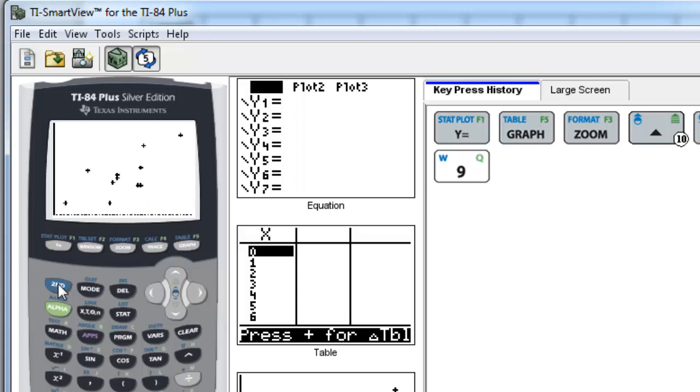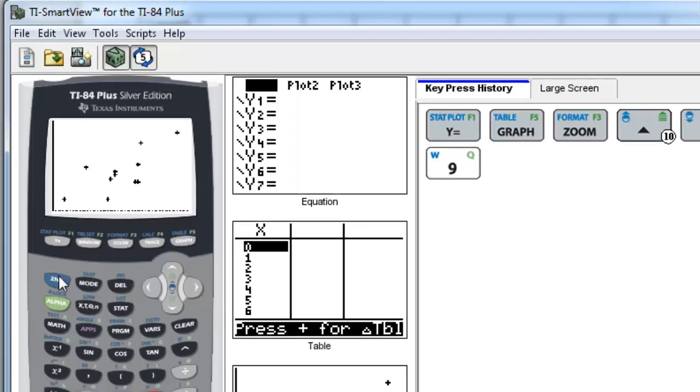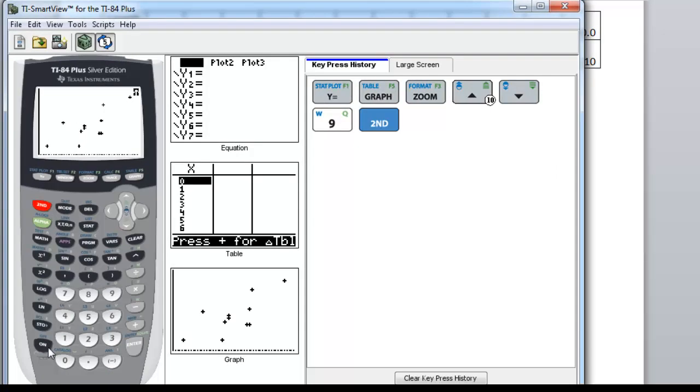and we need to do something on our calculator. We'll only need to do it this one time unless you take your batteries out. We've got to turn on the diagnostics. So we're going to do second, and hit the 0 key. This opens up the catalog of all of the functions that your calculator has.